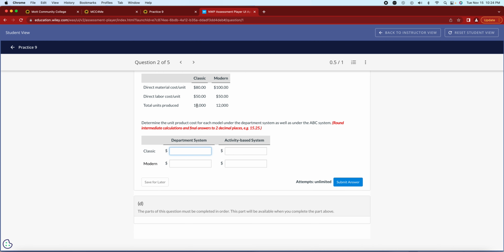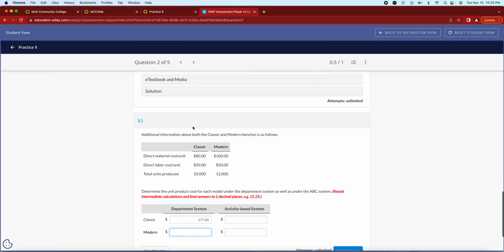Divide that by the number of units produced, and we add that to the $130 in prime cost, and we should come up with a total of $177.20. So we have $47.20 as our manufacturing overhead cost per unit.